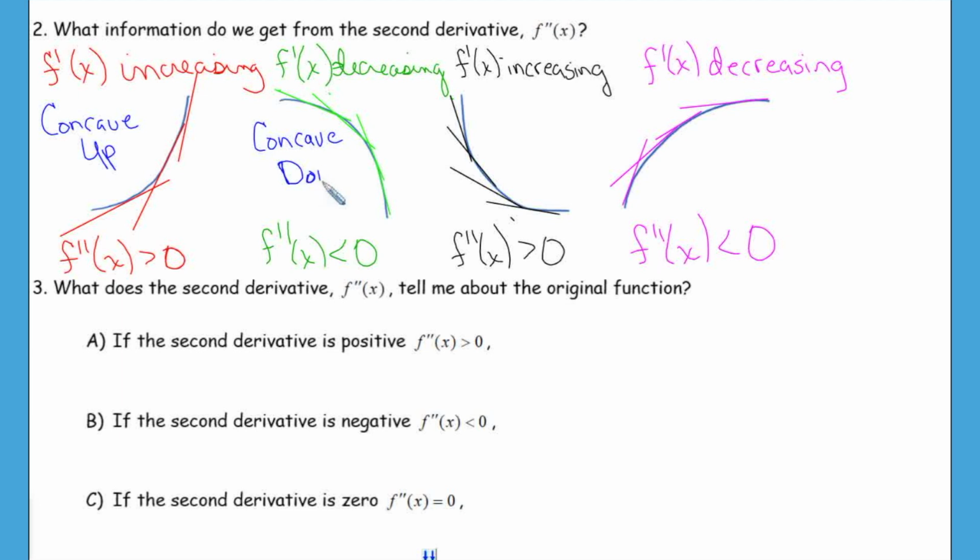So if you hold your hand concave down, like making an upside down U, then if your graph is on either side of your hand, then that's called concave down. So guess what this is called? That's right, concave up. And this guy is concave down.